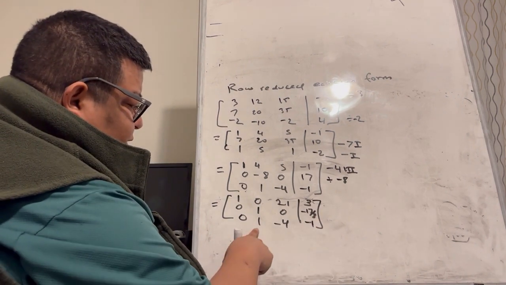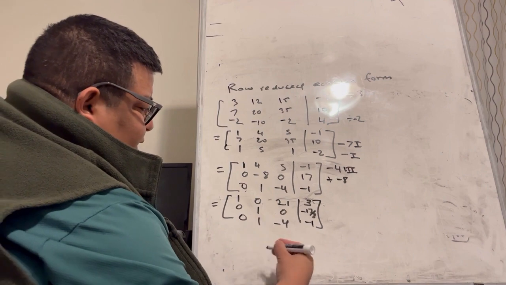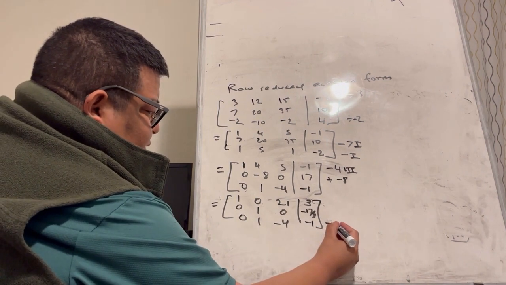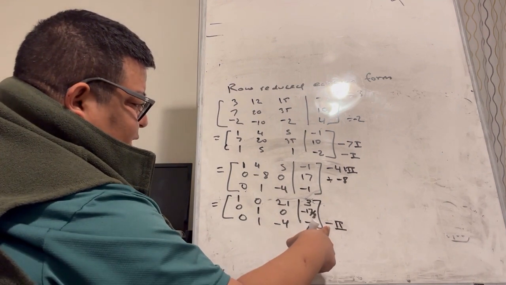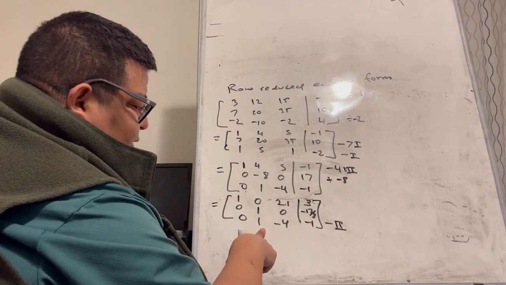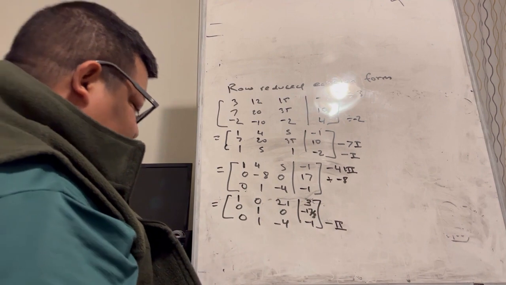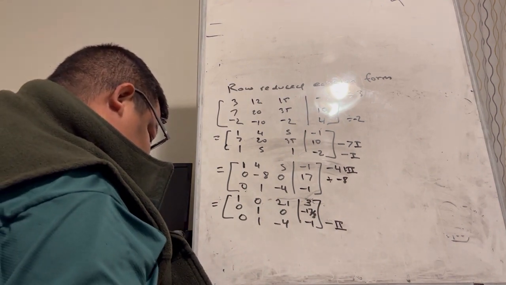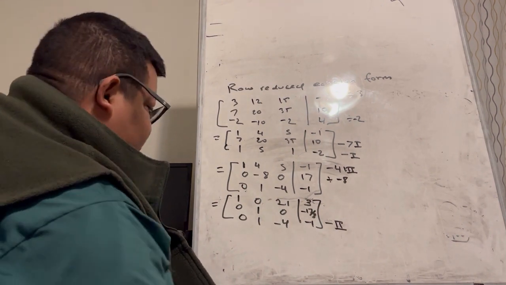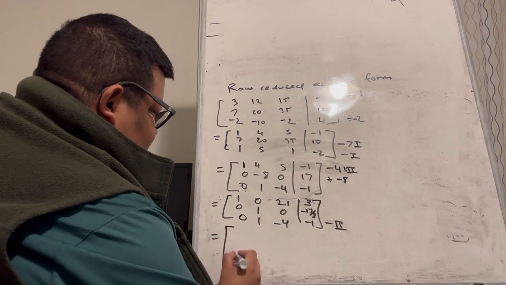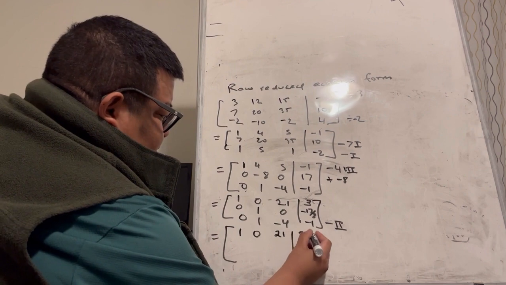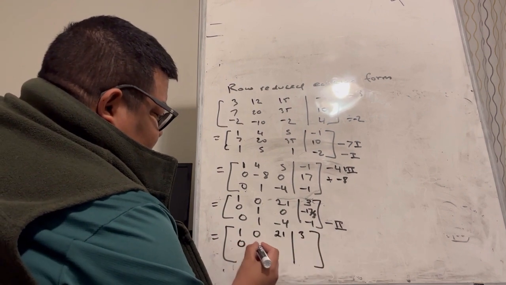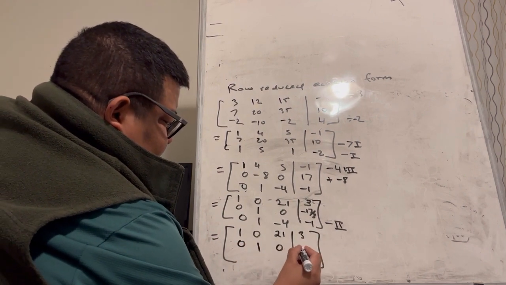Okay, now let's try to get rid of this 1 here. The way you do it is we do -R2, so we add it to the third row. So the first row stays the same, the second stays the same.